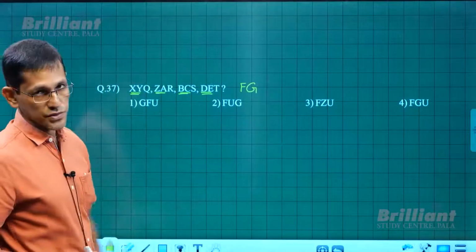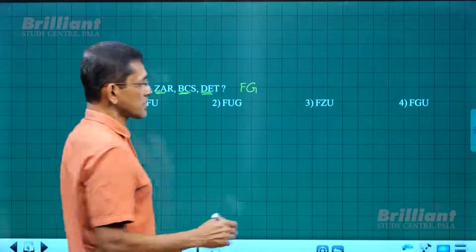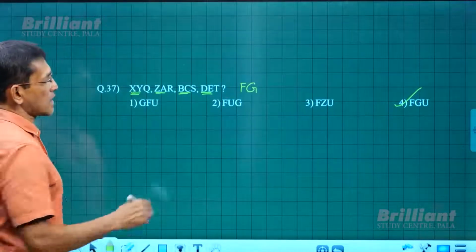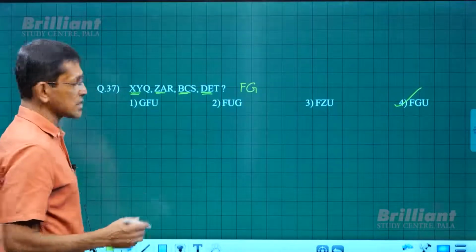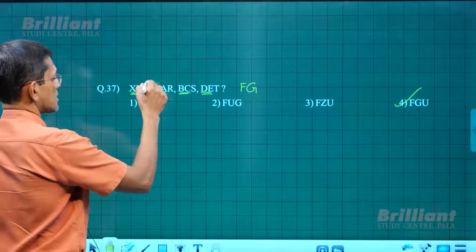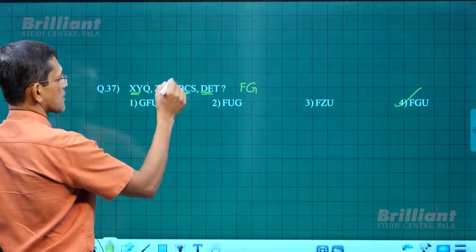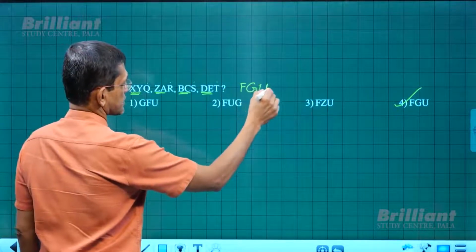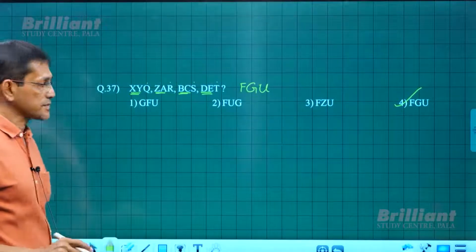There's only one answer choice. So that means you don't need to check for anything else. That's the answer, F, G, U. Now how come that U is the last letter? Look at this part. This is Q, R, S, T, and next one must be U. So F, G, U. That's the answer.